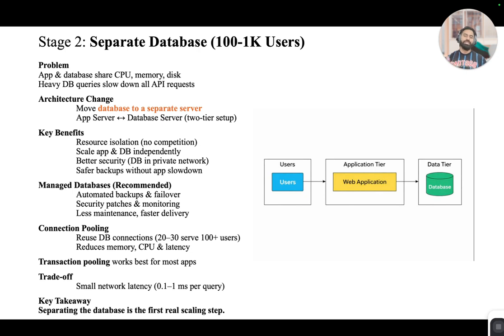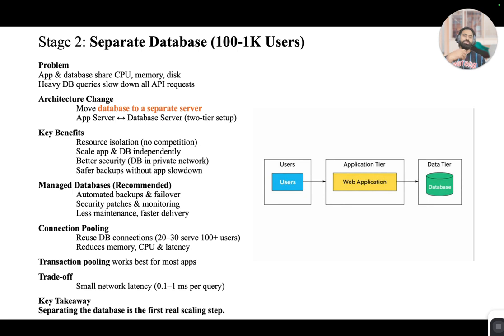And it also provides safe backup, like backups run without slowing down user requests, right? So this is why it gives us the advantage over stage 1.